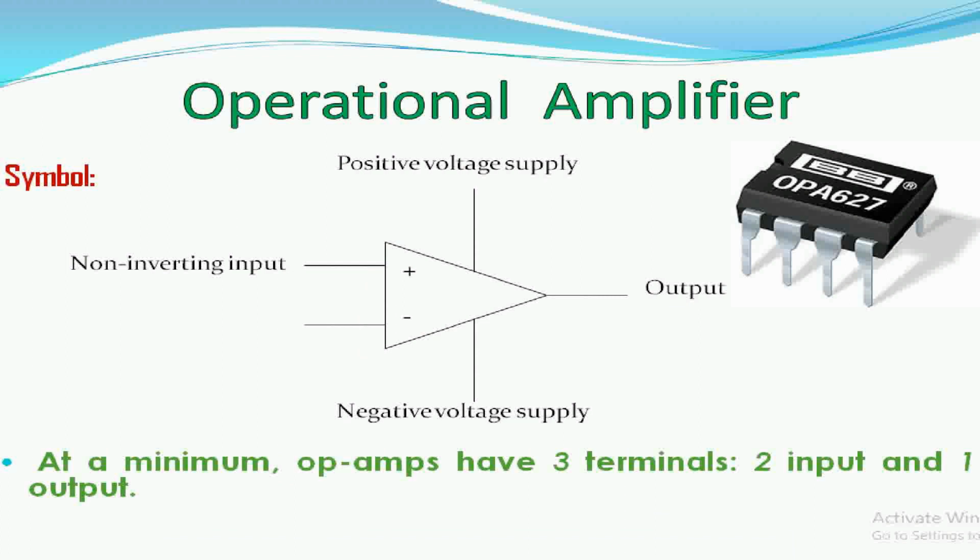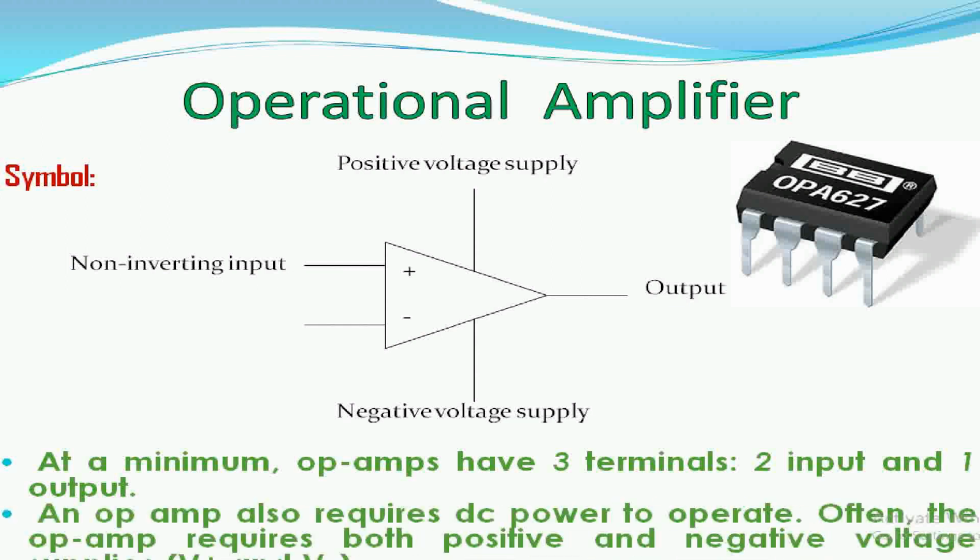At a minimum, an op-amp has 3 terminals: 2 input terminals and 1 output terminal. An op-amp also requires a DC power to operate. Often the op-amp requires both positive and negative voltage supply. So this is your positive and negative.